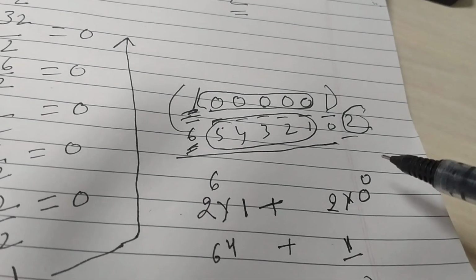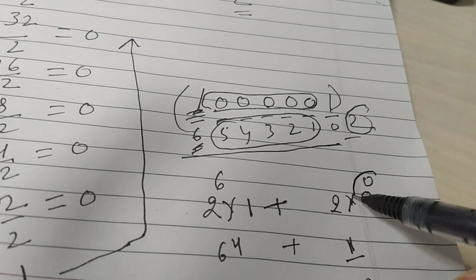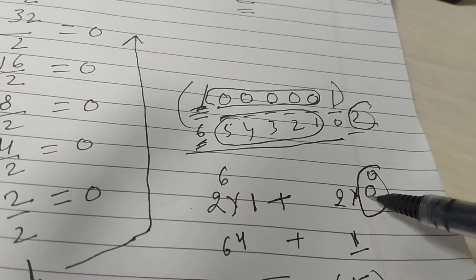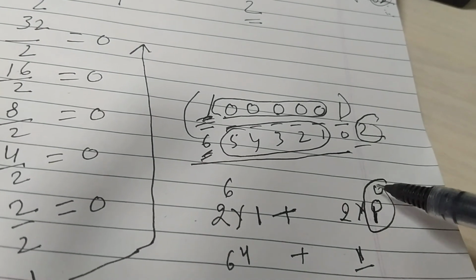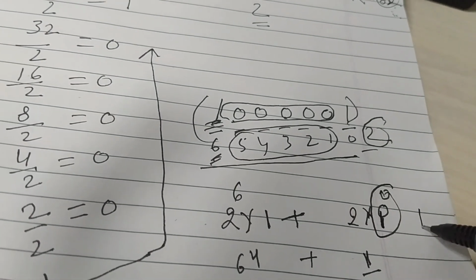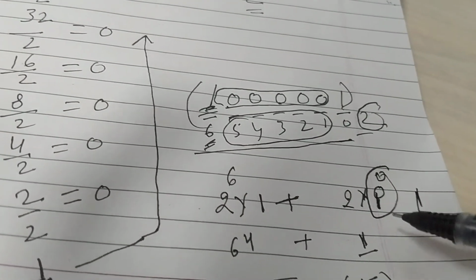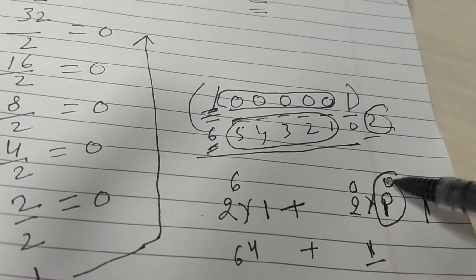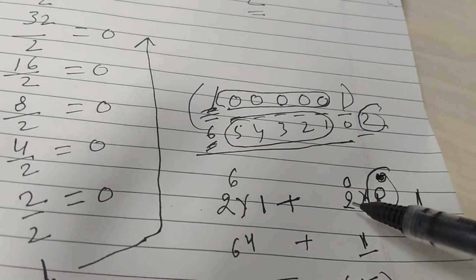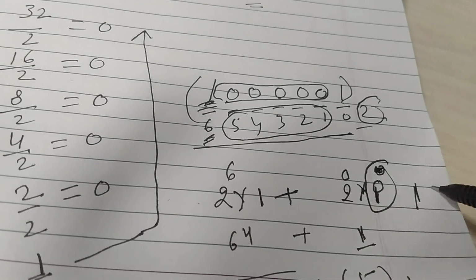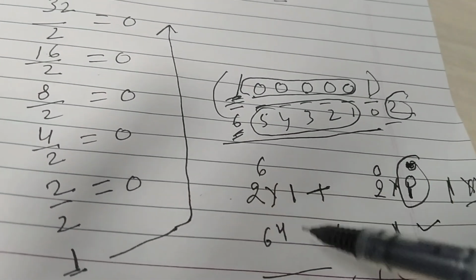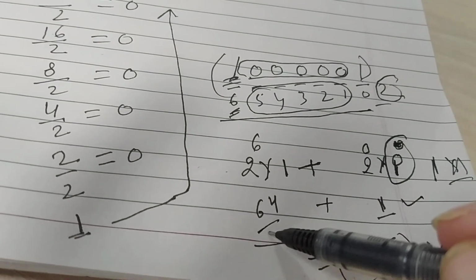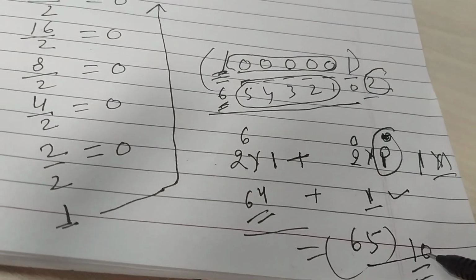So you know that if a number has power 0, then this number automatically converts to 1. So 1 into 1, the answer is 1. And 2 has power 6, which gives 64. So 65 again.